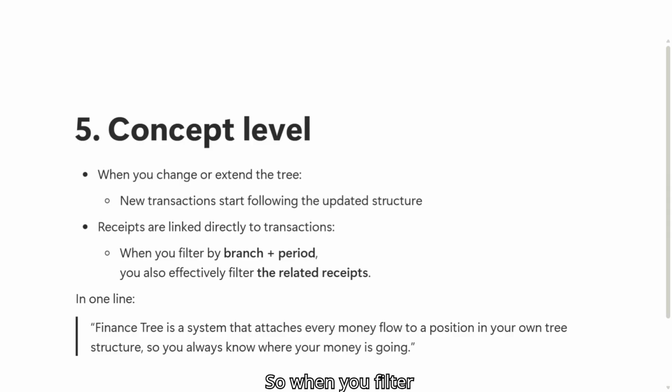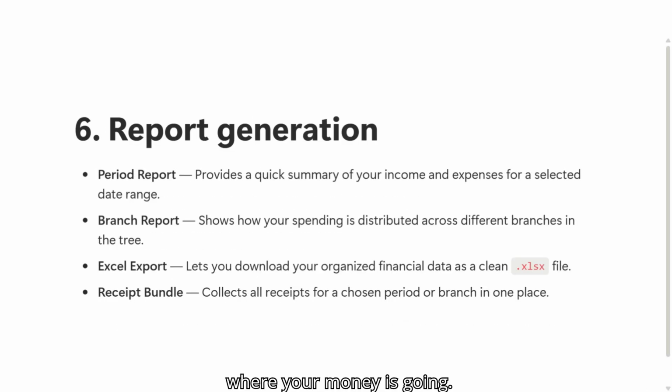So when you filter by branch and by period, for example, personal, living, last month, you are not only filtering the numbers, you are also automatically filtering the related receipts. So in one sentence, Finance Tree attaches every money flow to a clear position in your own tree, so you always know exactly where your money is going.